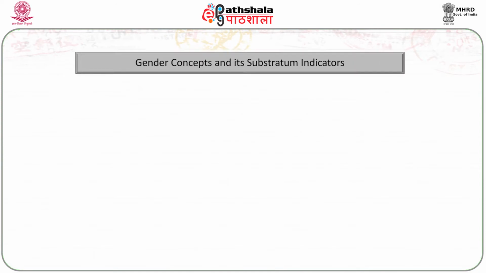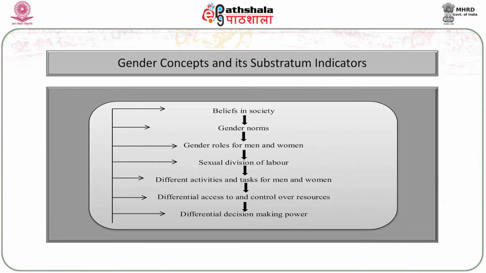So, you see here we have first the beliefs in society, and from those beliefs come out gender norms. What is the normal thing for a particular gender? So, gender roles for men and women emerge out of the beliefs of society, and then again this leads to the sexual division of labor. So, different activities and responsibilities are for men, and different activities and tasks are for women.